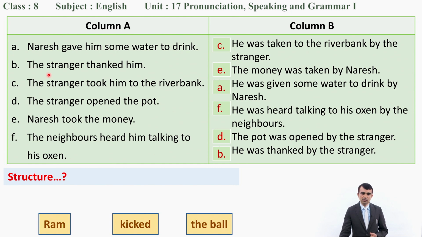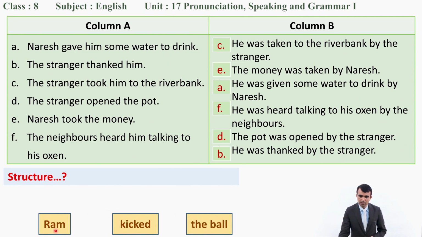Here also you can see: the stranger thanked him. Naresh gave him some water to drink. You can see B, a short sentence: The stranger thanked him. The stranger, subject; thanked, verb; him, object. Ram kicked the ball.